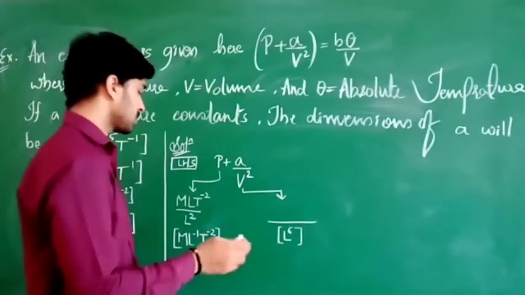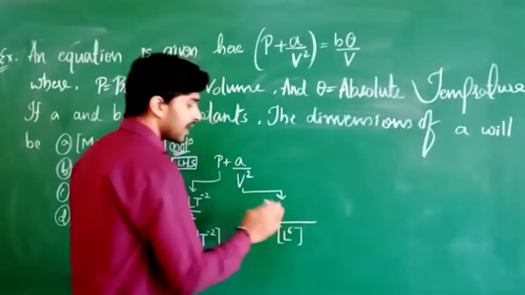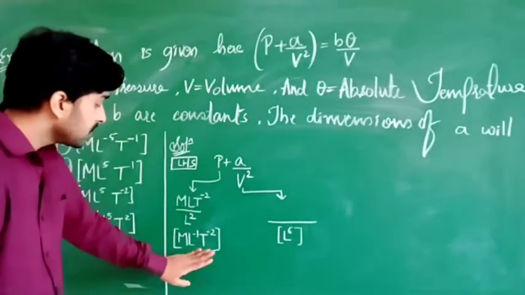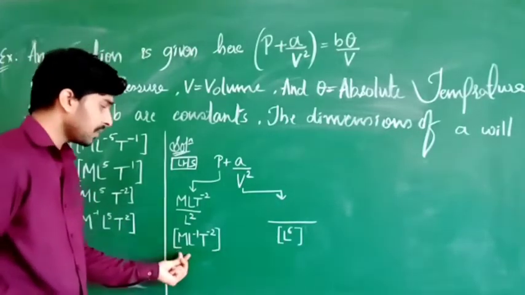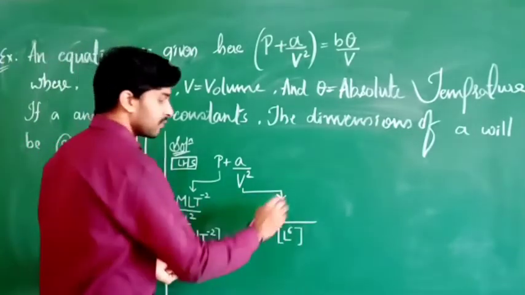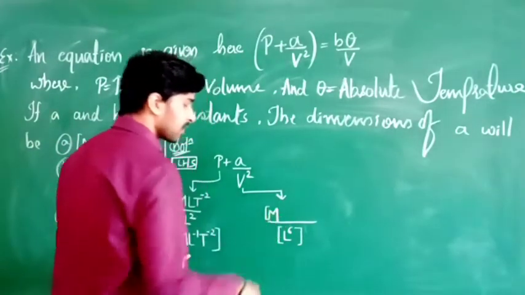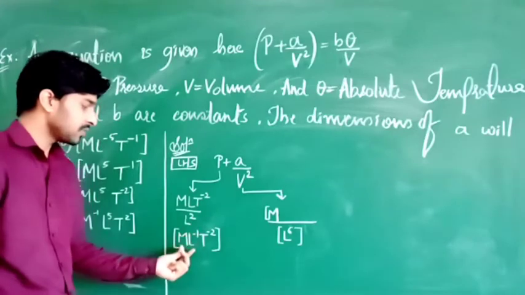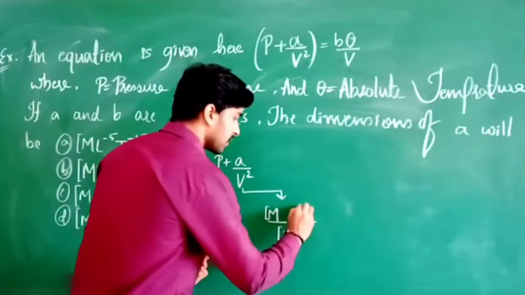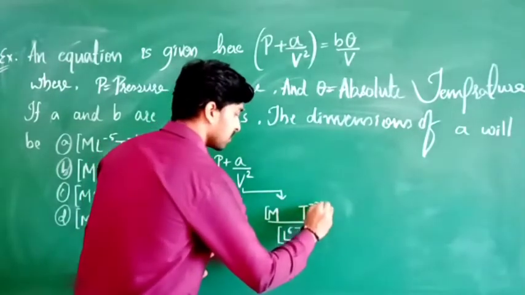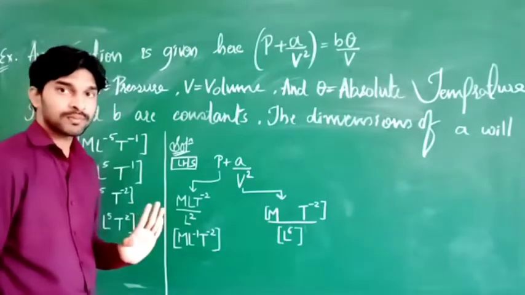Now this numerator you have to adjust in such a manner that you get the final result in this order. First of all, we won't have M here, so introduce M. You won't have T also, so introduce T power minus 1. Now L power minus 1 I want.